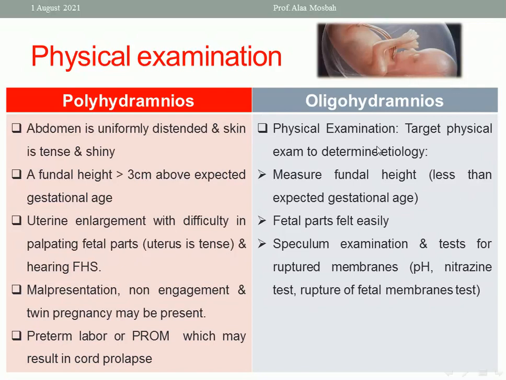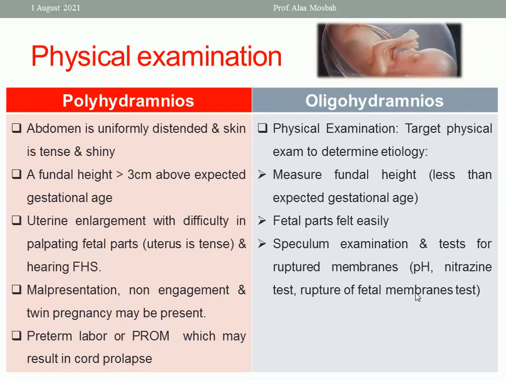On the other side, oligohydramnios, physical examination. Target physical examination to determine the etiology. Okay? Measure fundal height. You will find this less than expected gestational age. And this is one of the differential diagnosis of small for gestational age, oligohydramnios.